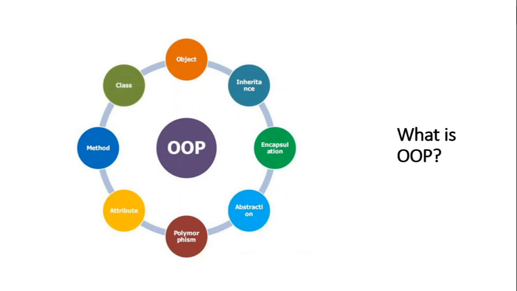Now, to understand this a little bit better, let's say we have a class called student. Attributes are going to be variables where you store data that will define a student. Doesn't matter whose student it is, it's just variables to store data that's going to be used to define a student.